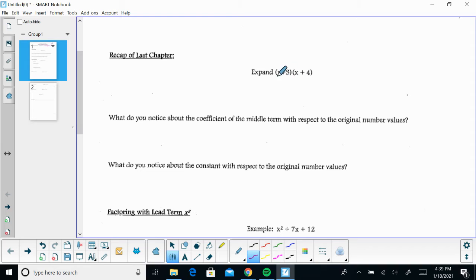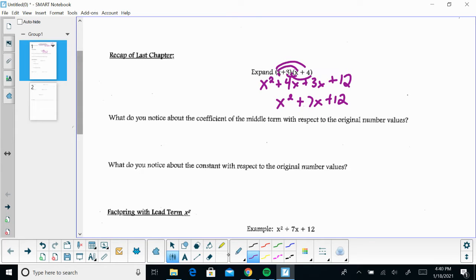When I have two polynomials and I need to multiply them, and if you remember, these are binomials because there are two terms, I double distribute. And then I combine like terms to get my final answer.